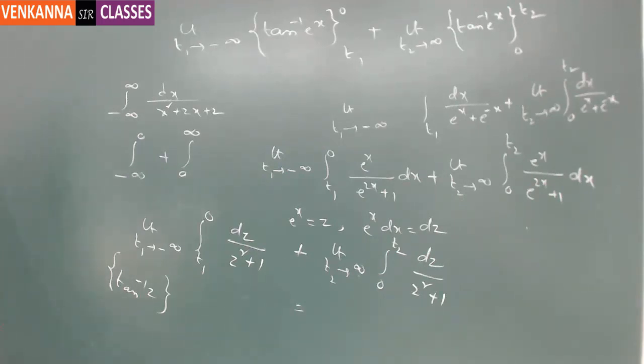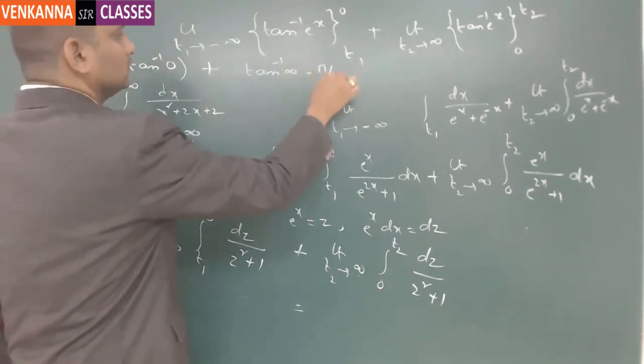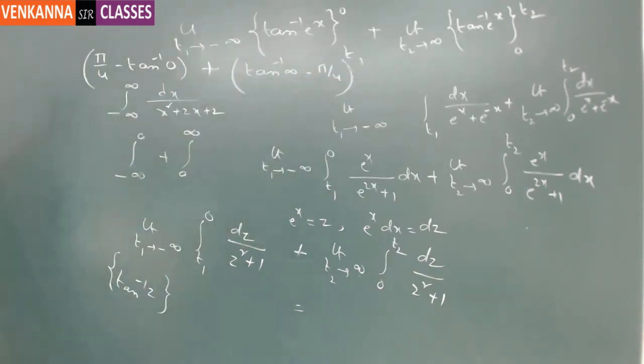So if you apply the limit part, you are going to get the value as pi by 4 minus tan inverse 0 for the first one, and for the second one, tan inverse infinity minus pi by 4.